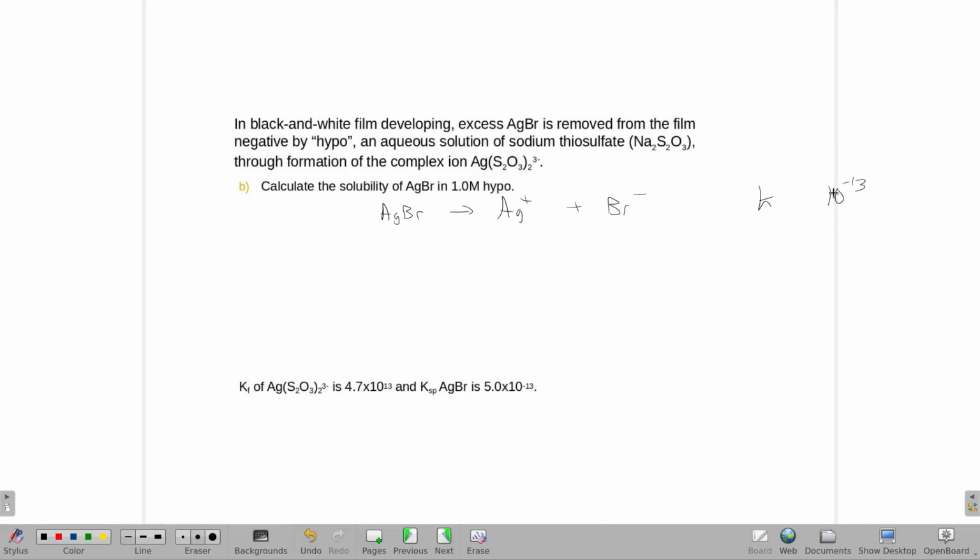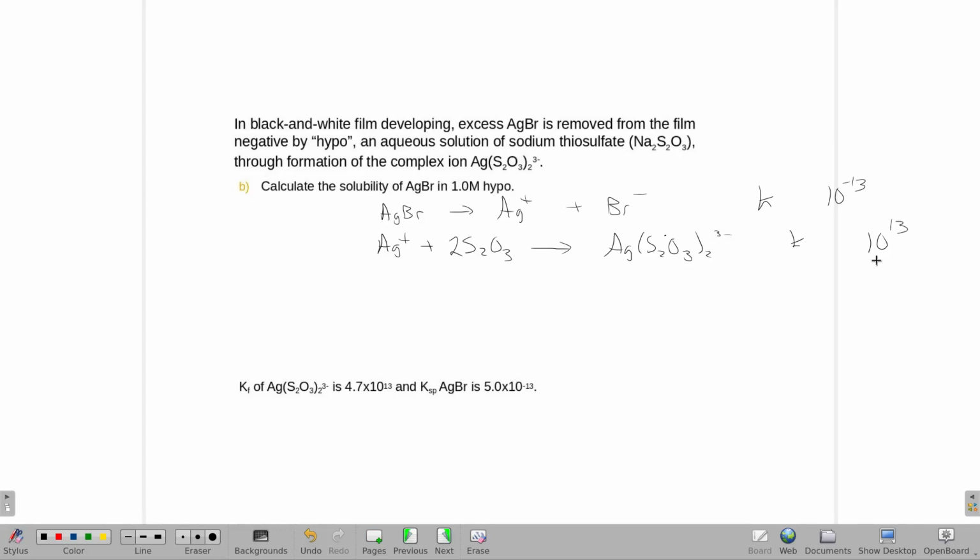What we're going to do to help that is take some of that silver that's in solution, let it form a complex with the thiosulfate. There's 2 of these. And that goes forward to give us this silver thiosulfate, which has a very large K, 10 to the 13th.